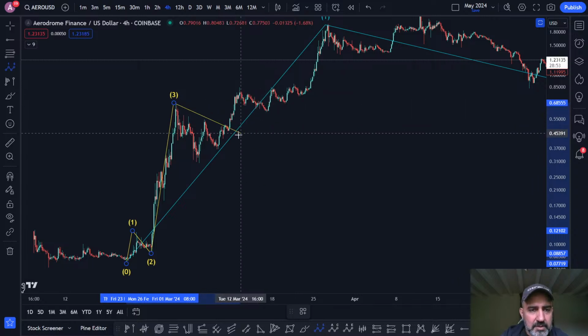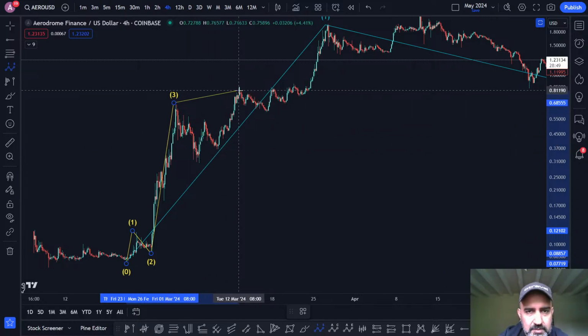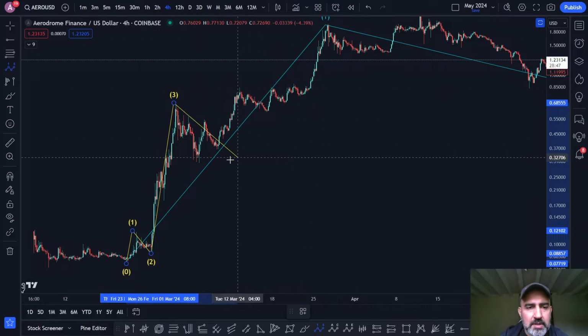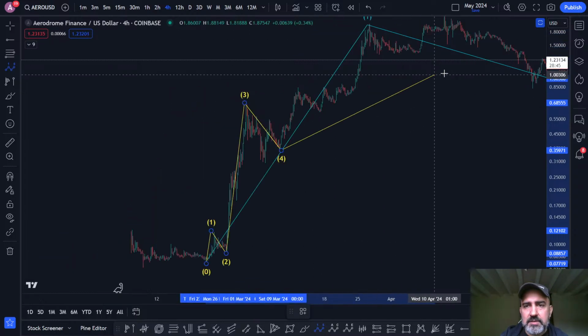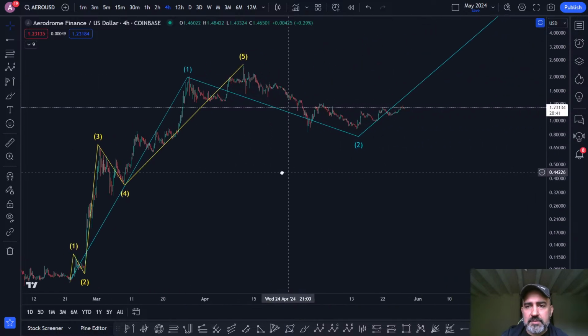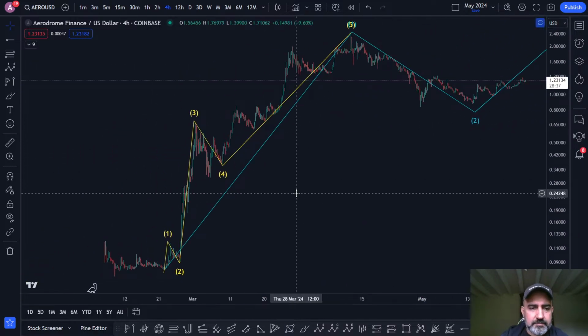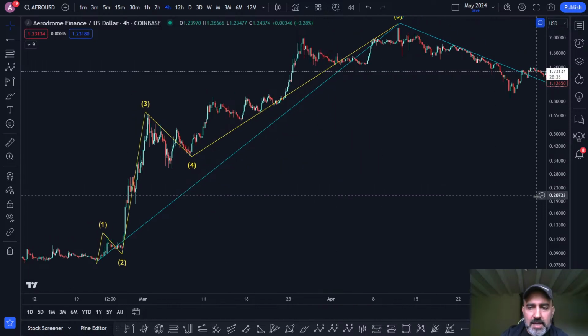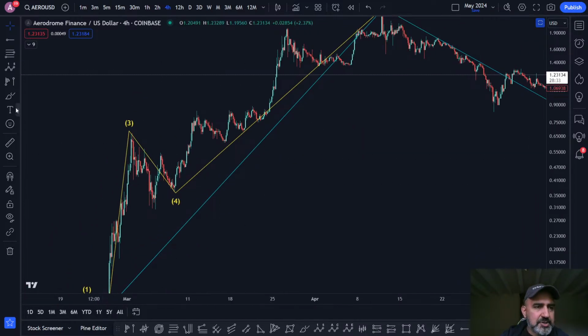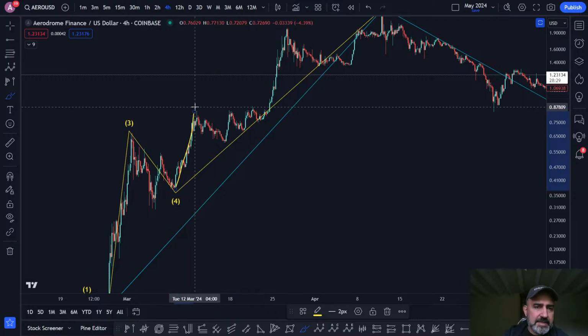No, that doesn't work. Maybe 1, 2, 3. Could potentially be up to there, actually. And so when you're looking at these corrections, you're going, okay, that's quite impulsive. This is some kind of flat correction. See that?